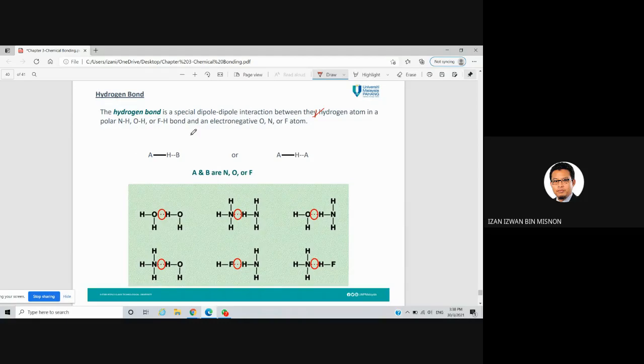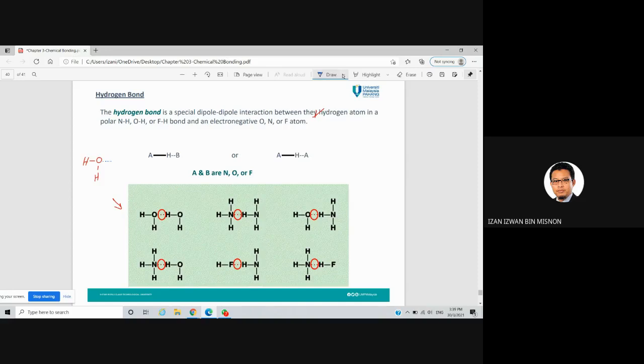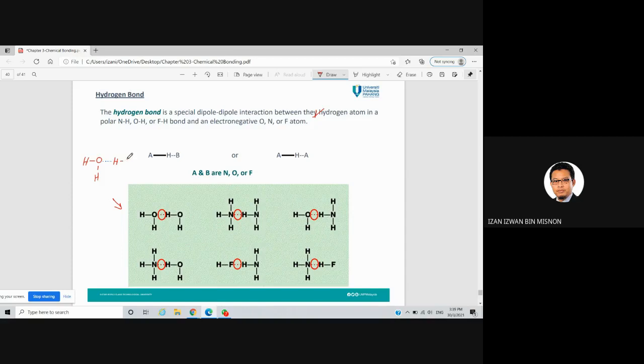So let's take the first example, the water molecule. We have HOH, and then there will be hydrogen bonding. Hydrogen bonding is the most difficult, requiring larger energy to break it. So this will be the hydrogen bonding that occurs between the oxygen atom and the adjacent hydrogen atom.